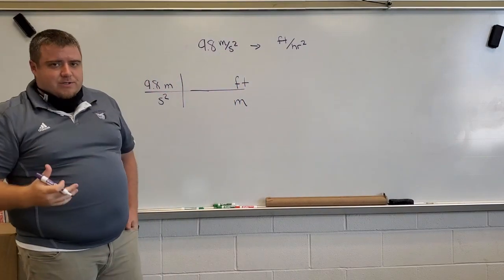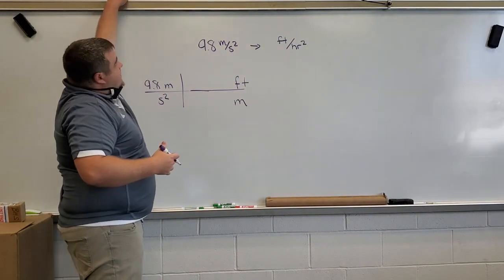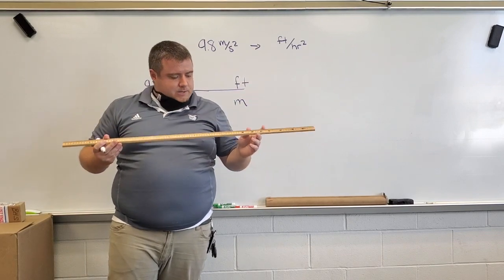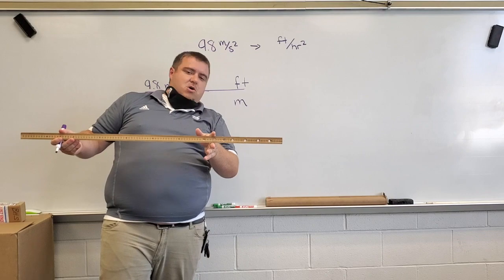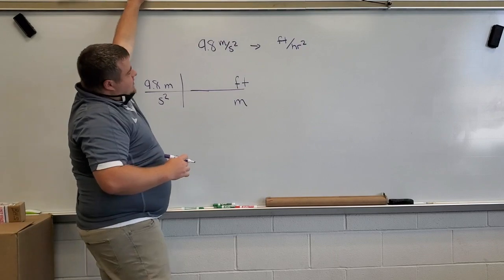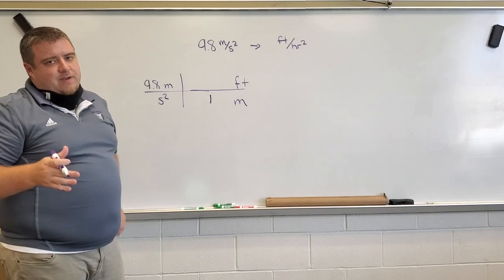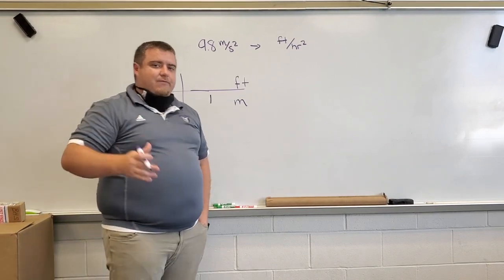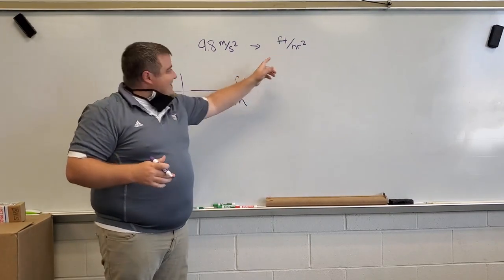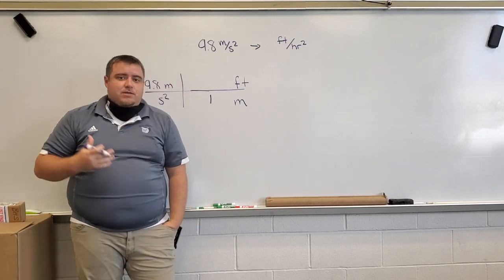And this is where that knowledge of the size of different units is going to be helpful. I know that a meter is this long, which is much longer than a standard foot, which is about that long or so. Okay? So I know that the meter is longer, so I'm going to give it a 1. Now, how many feet are in a meter? I don't know this off the top of my head. I have chosen to go for an imperial unit instead of the metric unit. To do this kind of conversion, you're going to have to look this sort of information up.